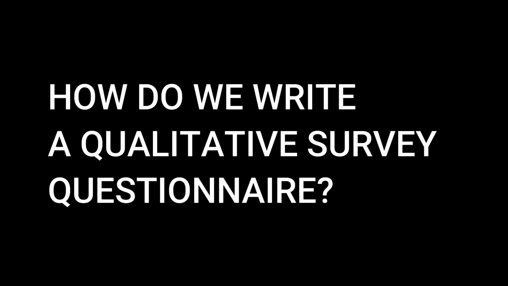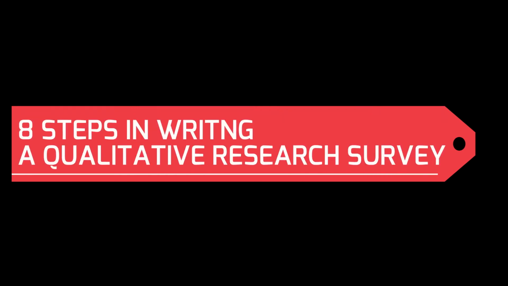The next thing we need to consider is how do we write a qualitative survey questionnaire? Now let me give you a very simple step-by-step guide on how to conduct a qualitative survey in 8 steps.